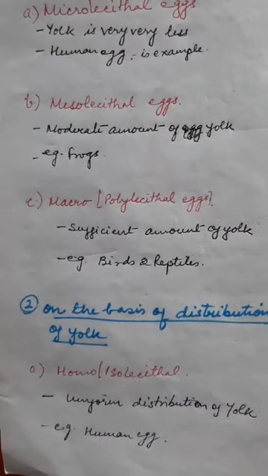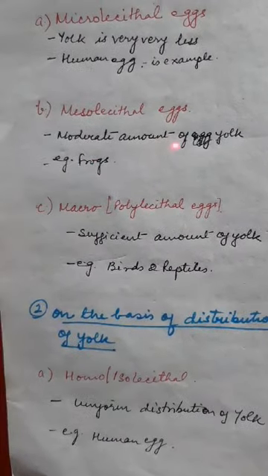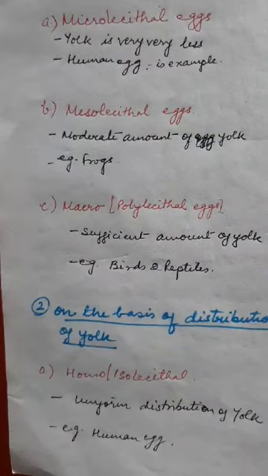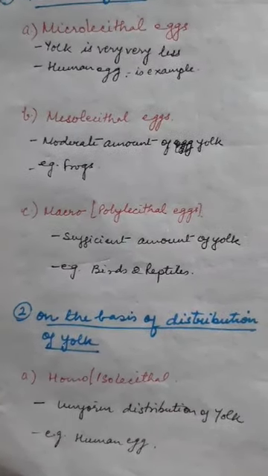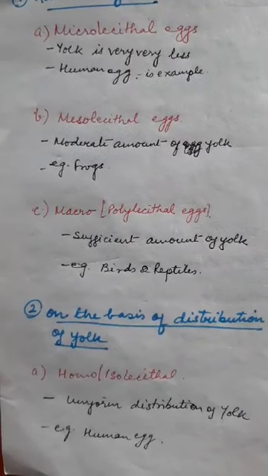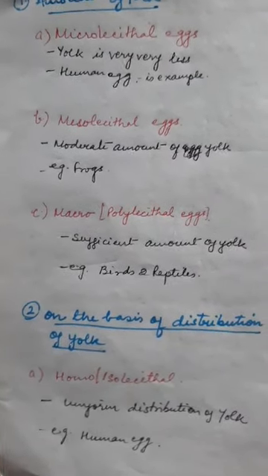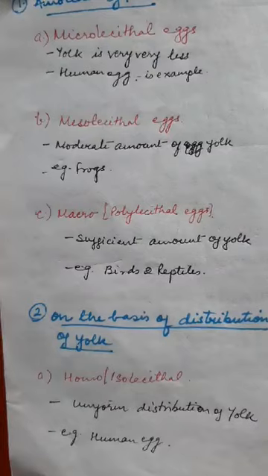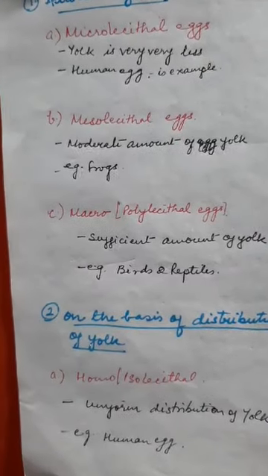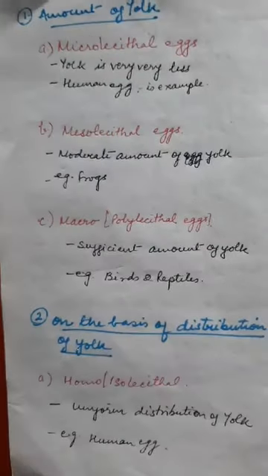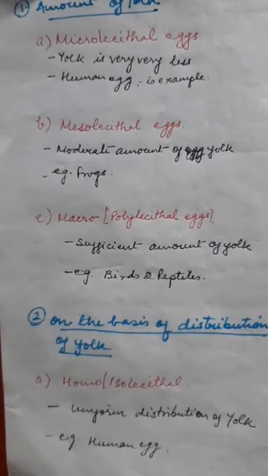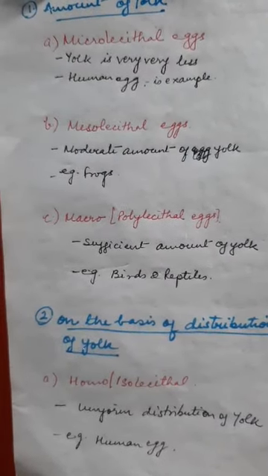Mesolithial means moderate amount of yolk which is there. This is seen in case of frogs. In case of frogs, because yolk content is not sufficient for the complete embryonic development, from the eggs of frog, the structure which hatches out is larva. So if there is larva form, it is an intermediate stage.